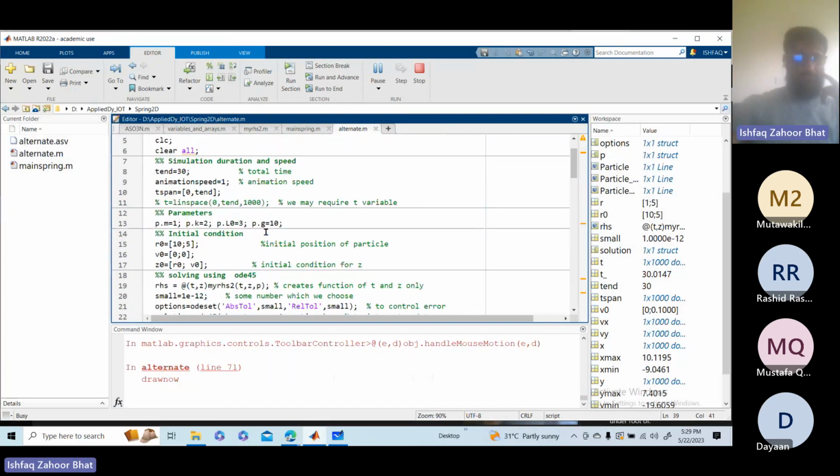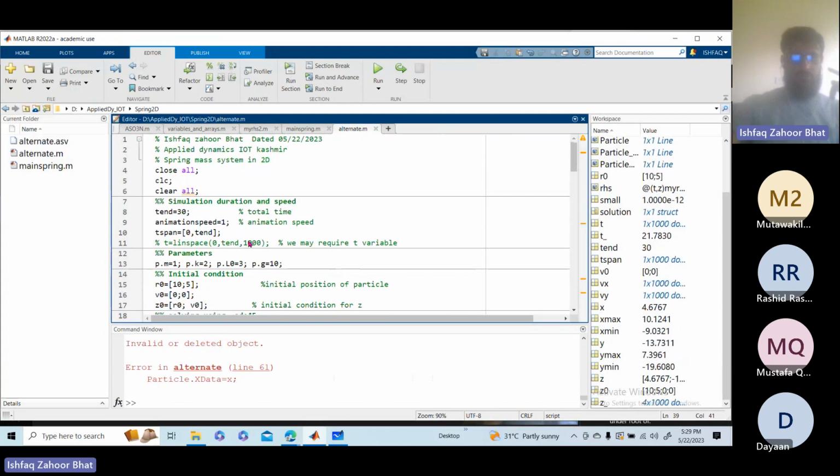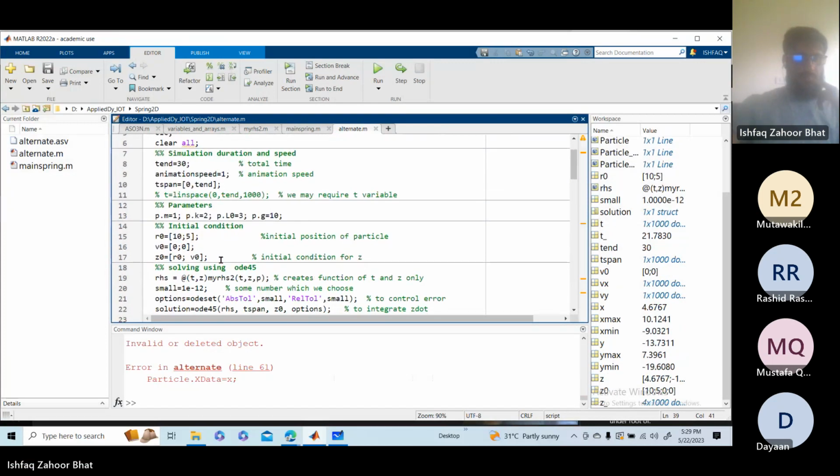So there was a question from someone. Let us take g equal to 0. What does this mean?